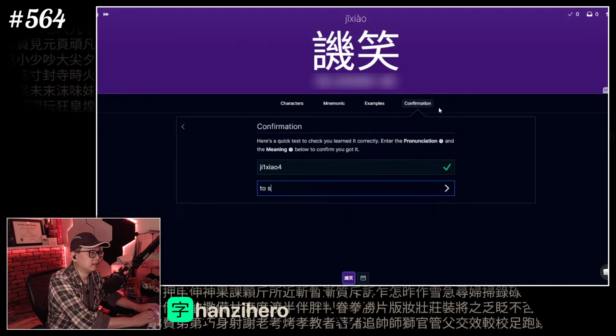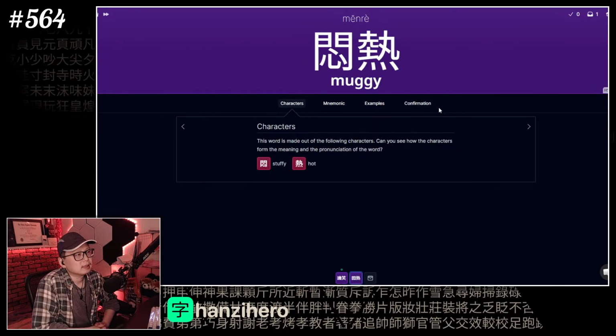讥笑，闷热. 闷 didn't have a vocabulary. 闷 is the one that didn't have a vocabulary, and it's really tough. Then we add it with 热. Oh, stuffy, hot, muggy.